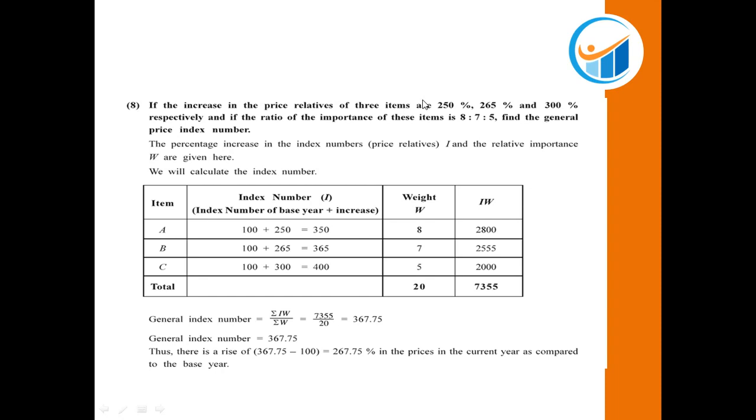Whenever price relative percentage increase is given, from that we can obtain the I, and importance or weight is W. Whenever I and W are given, your formula to find the general price index number will be very simple, sigma IW upon sigma W, and along with that we can interpret the answer also, how much percentage increase happened from the base year to the current year. First, these percentage price relative increases are always given in comparison to the base year, meaning the index of the base year. Students, you all know in the whole chapter that the base year index is always 100. So in my explanation, the percentage increase in the index number by price relative I and the relative importance W are given here.